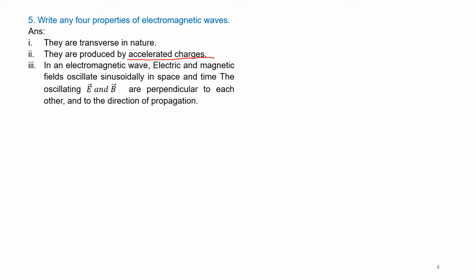Property number 3, in an electromagnetic wave, electric and magnetic fields oscillate sinusoidally in space and time. The oscillating vector E and vector B are perpendicular to each other and to the direction of propagation. This we have also seen in the previous diagram. Property number 4.